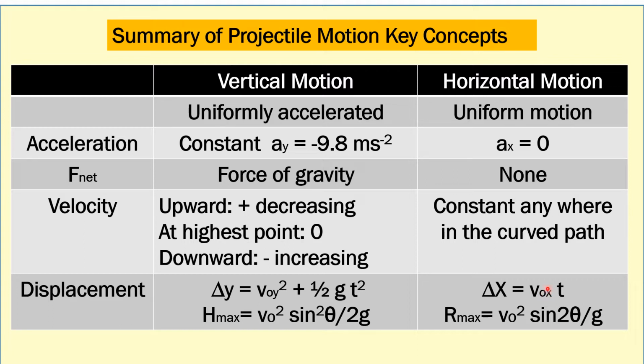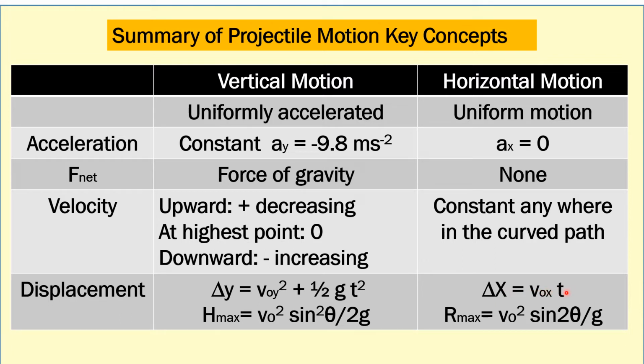This is the x component, which we earlier described to be always constant. If you multiply this by the time of travel or the time of flight, you will be getting the distance traveled along the x. Sometimes they call this the range of the projectile.